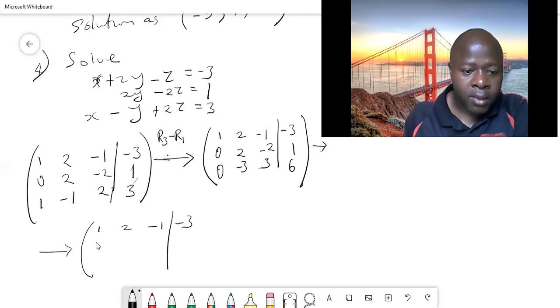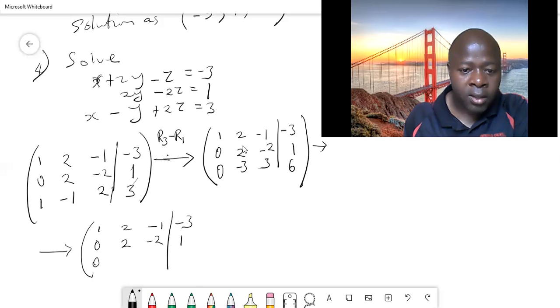The second row remains where it is. And then this one by 3/2 added to this gets a 0.